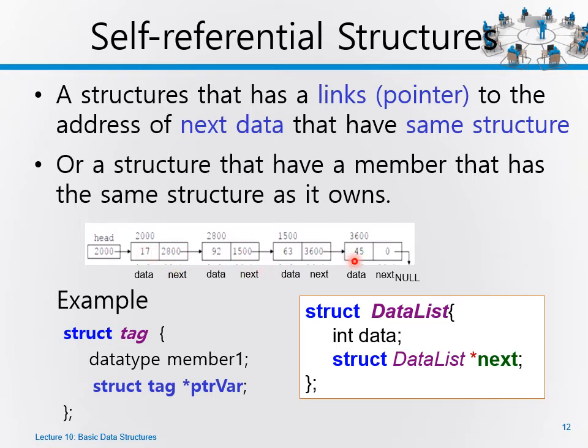For example, given here, whenever you want to use this self-referential structure, you use a struct tag, data type, the member, and then you need to declare the struct tag pointer for a variable for the next variable. So this is how you use it.